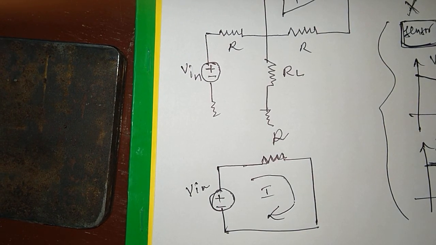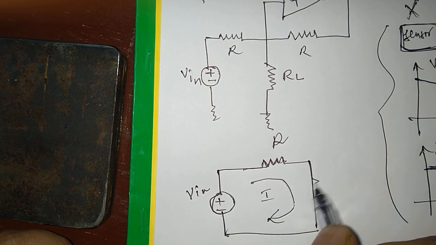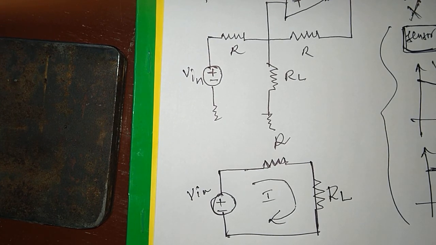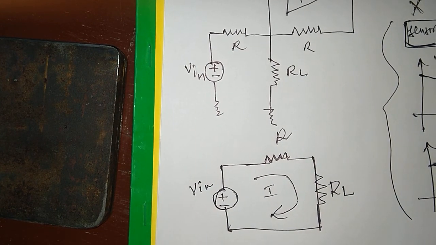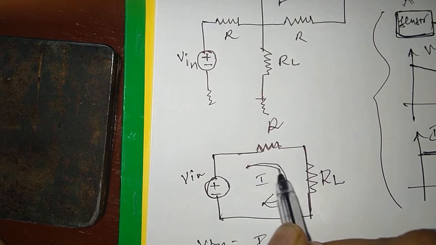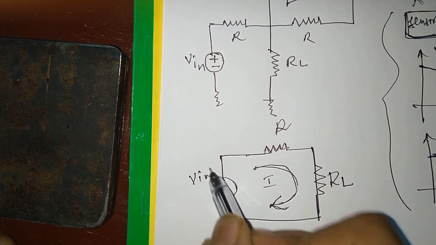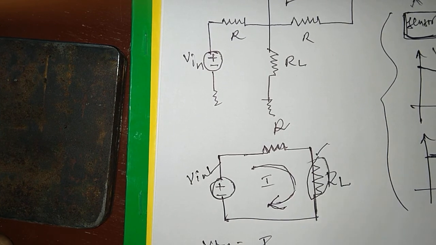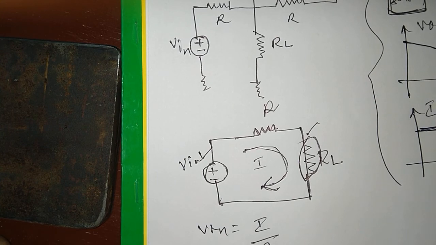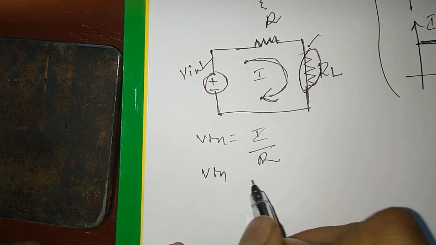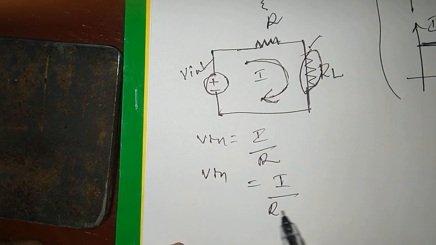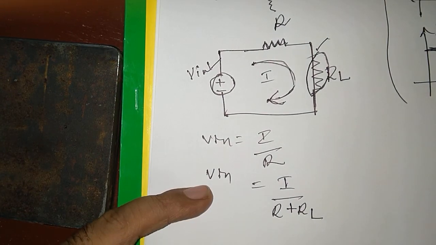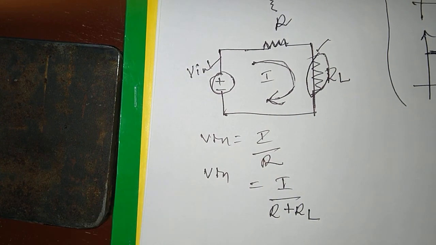Now, if I connect a load across this circuit where I want to measure my current, again ideally speaking, whatever voltage is present at the input side, the same amount of converted current should be present at the load. But practically, the expression becomes I equals V input divided by R plus RL. Is it not? Why?